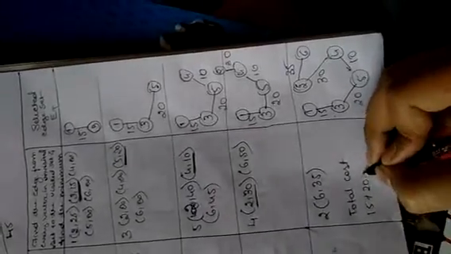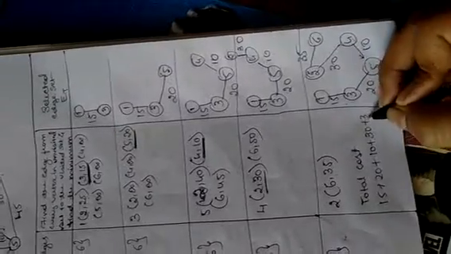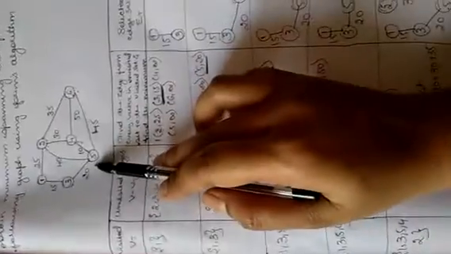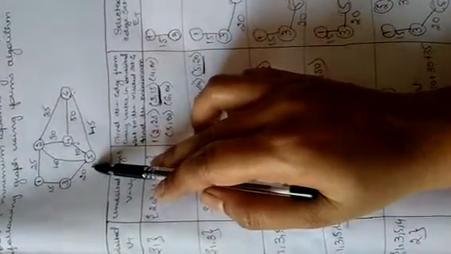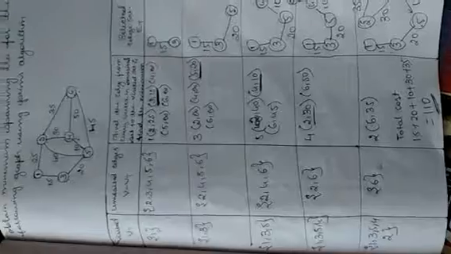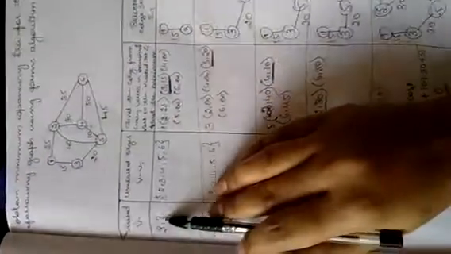What is the total cost? 15 plus 20 plus 10 plus 30 plus 35. 15 plus 20 is 35, 45, 75, 110. 110 is the minimum cost you will get, and this is the minimum spanning tree you will get for the given graph. Okay, this is very important. First you have to take the first vertex.